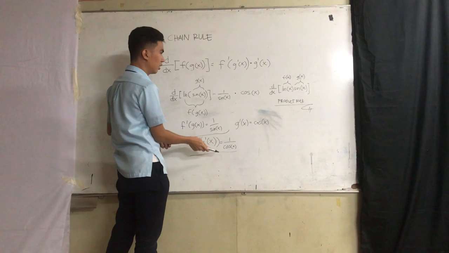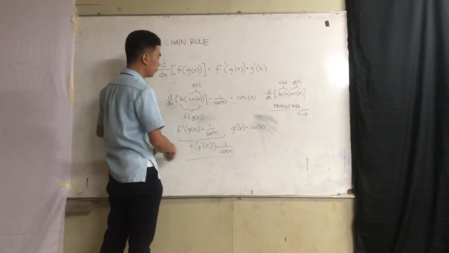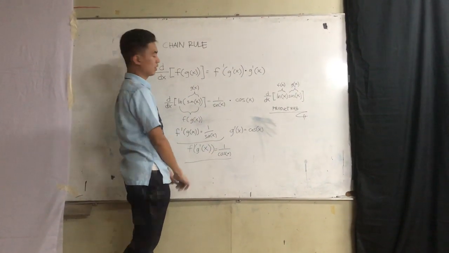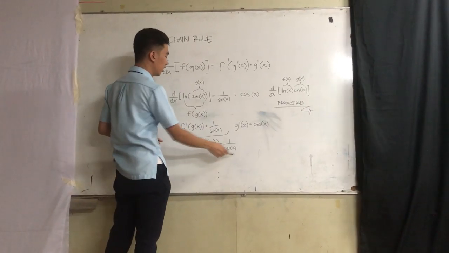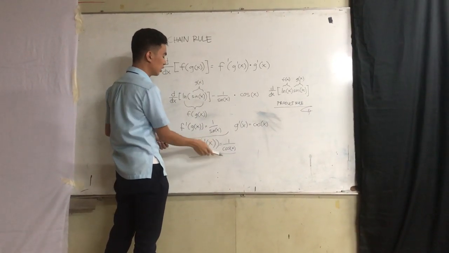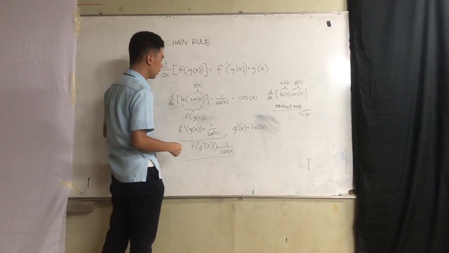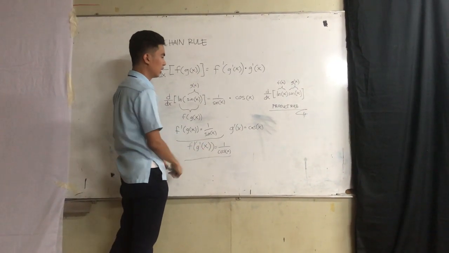So f prime of g of x is equal to 1 over sine x, and then the other side, the sine and the cos for the opposite conversion, which is f prime of g of x is equal to 1 over cosine, and that's it.